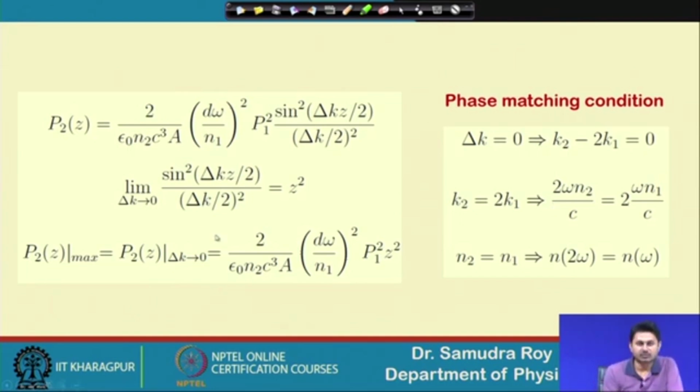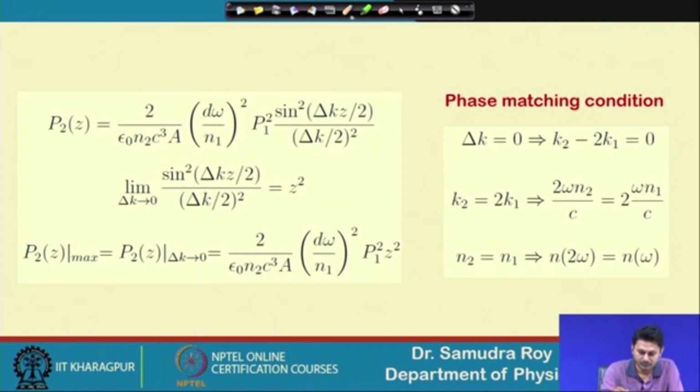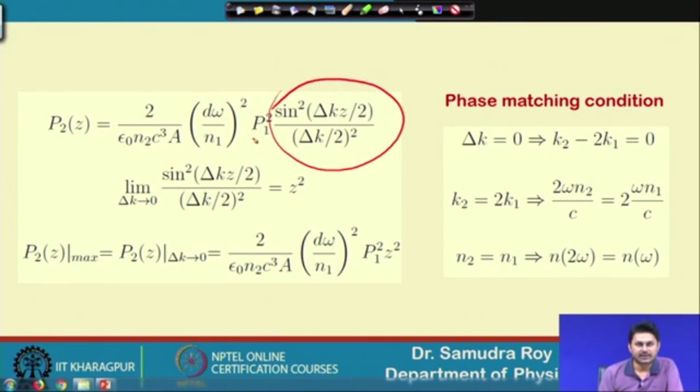So, here is the thing we try to emphasize, that we have a sinc function, sin square delta k z divided by 2 and these things. In order to have this sin x by x form, we need to multiply by z, and after multiplying by z, if I take the limit, it will come as z square, as simple as that.